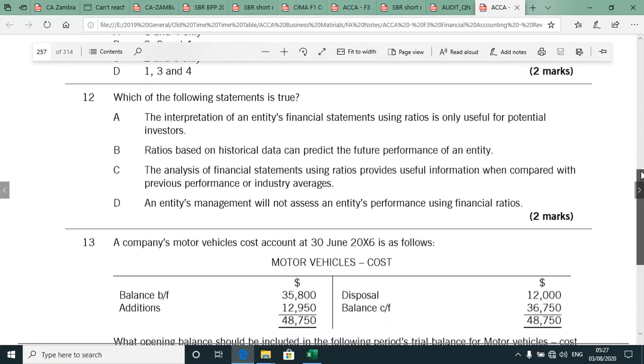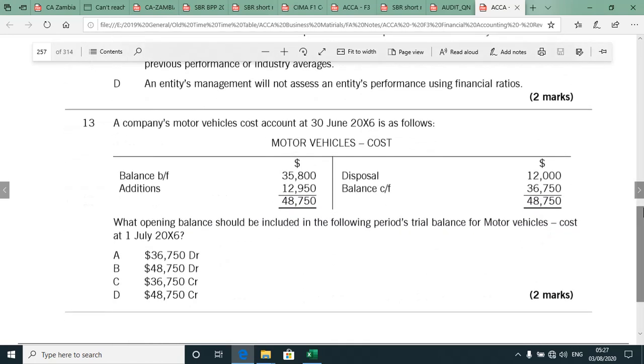Okay, next. I've got 13. A company's motor vehicle cost account at 30th June X6 is as follows. And the question is, what balance should be included in the following period's opening balance for motor vehicles cost? 1st July X6. So the opening balance for the following year will be the closing balance for this current year.